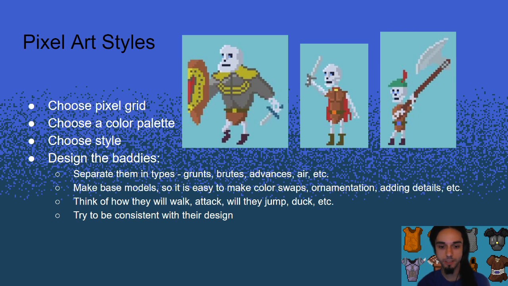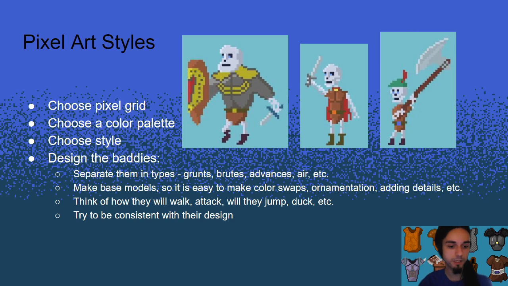But try to make the different types of enemies separable. Make some base models. That is the next one. You can color swap them and you can put different ornamentation, you can put different heads and so on. But make a base model, something that would not change, and then you can create everything else out of that.